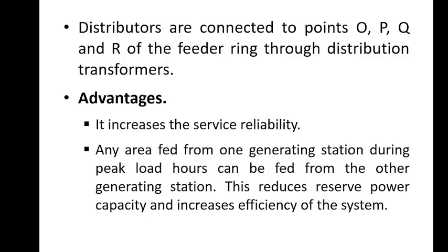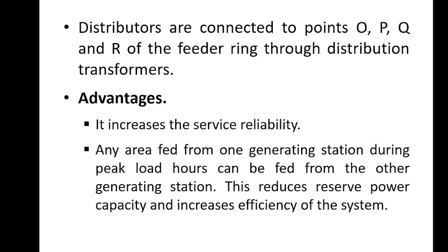These transformers step down the voltage from the primary feeder to a level suitable for customer distributions, and by tapping the ring at multiple points, the system ensures that electrical loads are supplied more uniformly and flexibly.